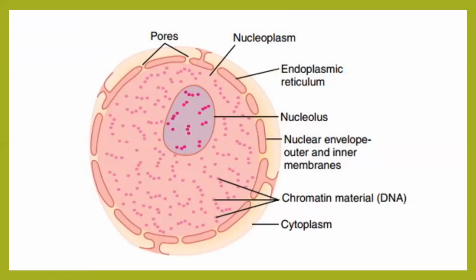So these pores will allow the material to enter the nucleus and to exit from the nucleus. Therefore, we can also say that the nuclear membrane will also do the selection of molecules which can enter and which can exit from the nucleus.